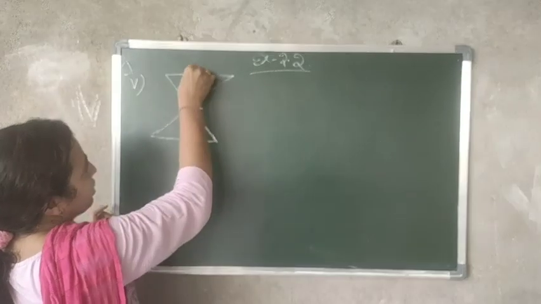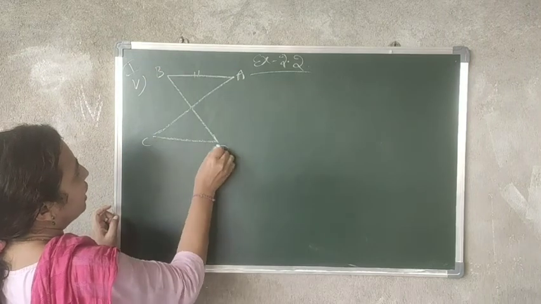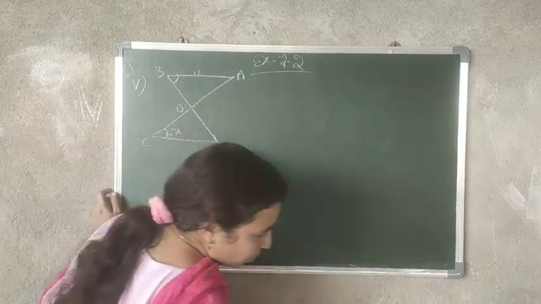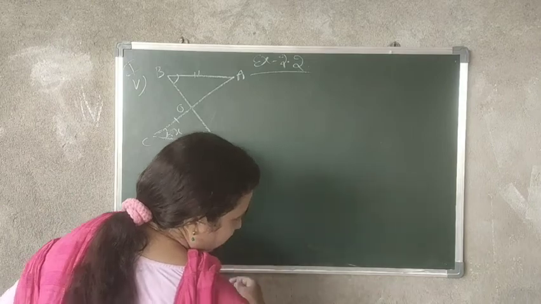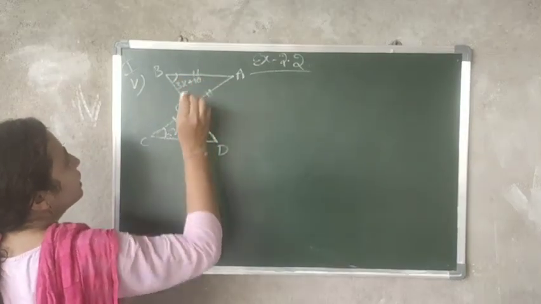Very easy one actually. A, B, C, D, E, O. This is 2x. 3x plus 10.